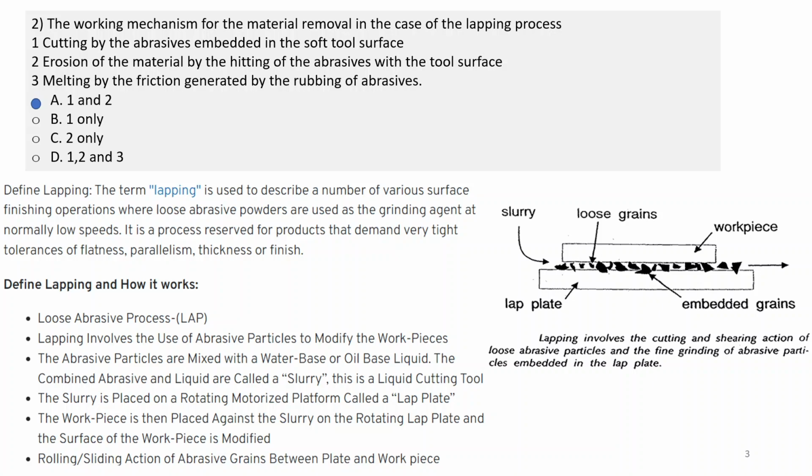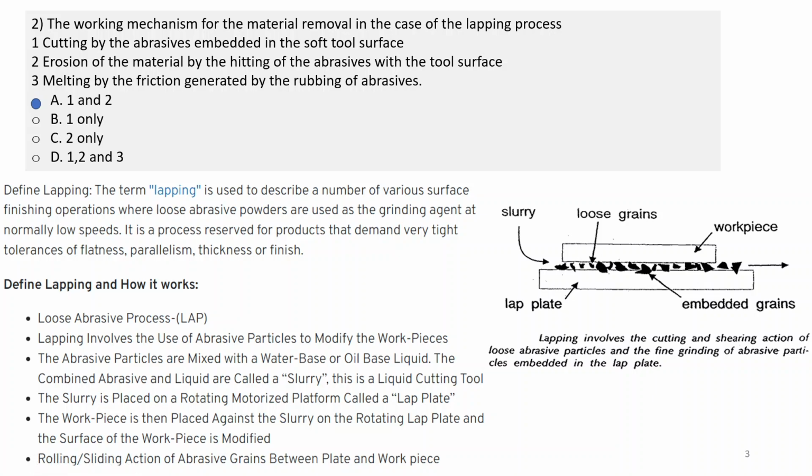The slurry is then placed on the rotating motorized platform, which is called the lap plate. The workpiece is then placed against the slurry on the rotating lap plate, and the surface of the workpiece is modified by the rolling and sliding action of the abrasive grains between plate and workpiece. These are some of the processes involved in lapping.